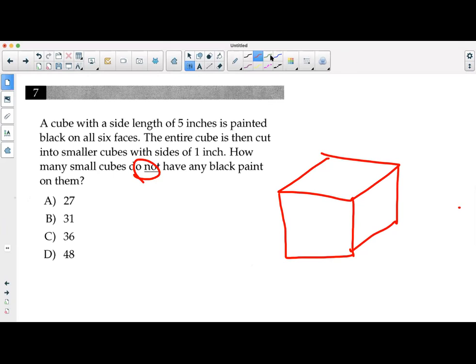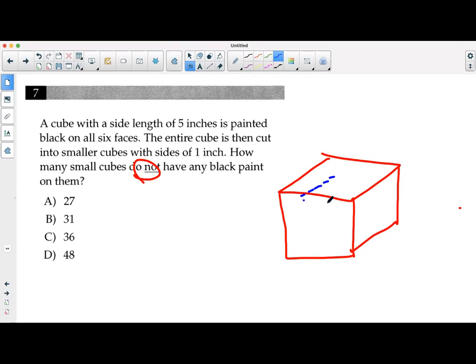So what about the inner layer then? Can you use the inner one that's not being painted with any color? Then what would be this dimension? Because the whole thing was 5, but I cannot have the rightmost layer, nor the leftmost layer. So in fact, this becomes 3.